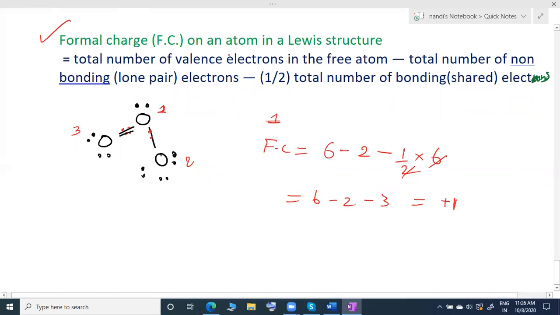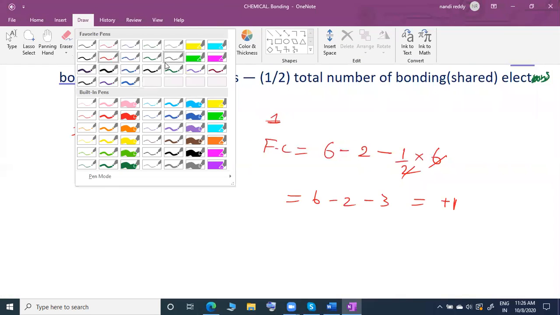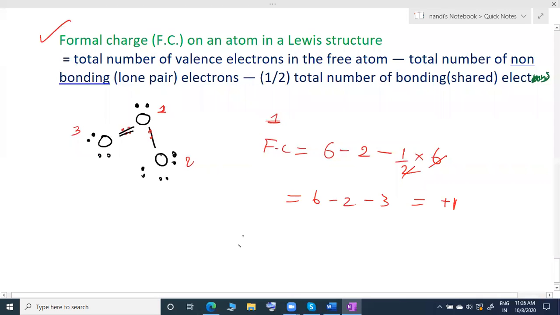Then you can try the formal charge on the second atom also. So oxygen 2 formal charge equals the same: 6 is the valence electrons of oxygen, minus how many non-bonding electrons here? 3 lone pairs means 6 electrons, each dot is 1 electron, minus half into, this is the formula, we have to keep in mind, how many bonding electrons?